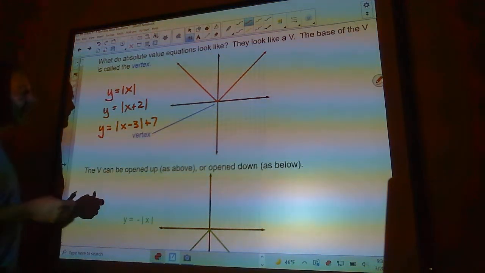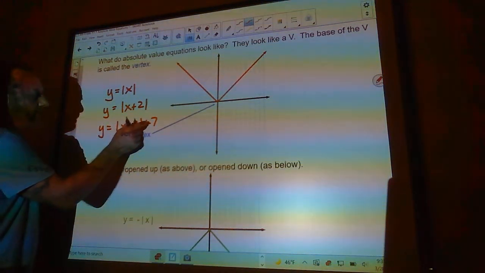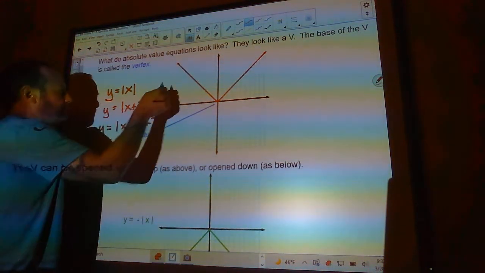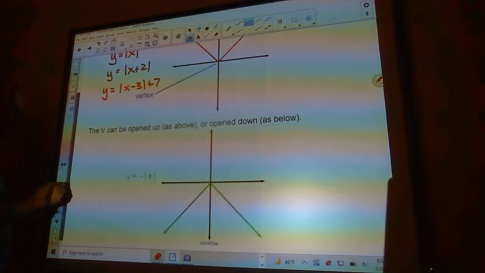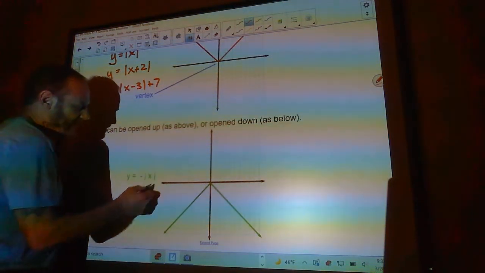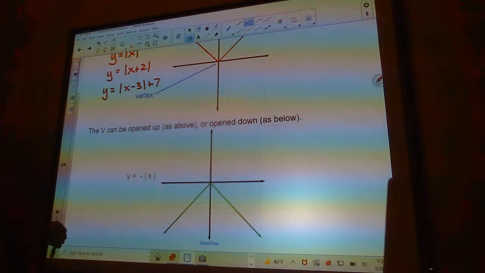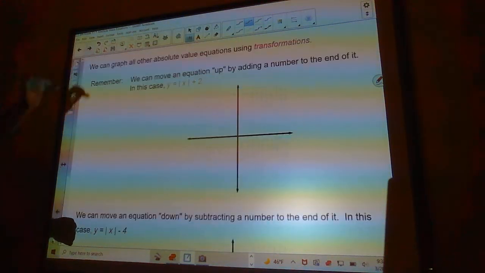All of these are going to be opened up because this is going to be a positive number, this is going to be a positive number, so it's going to get bigger each time. Anytime you have a negative outside the absolute value, it's going to be opened down like this. It's going to be upside down.